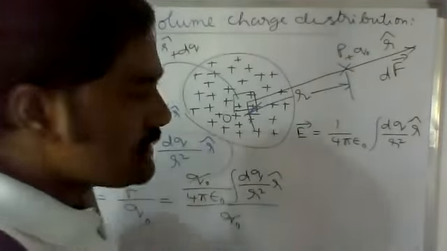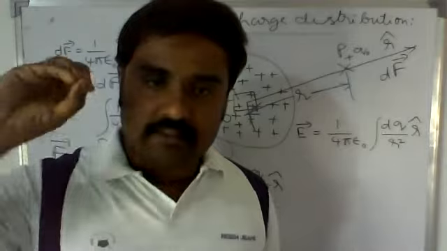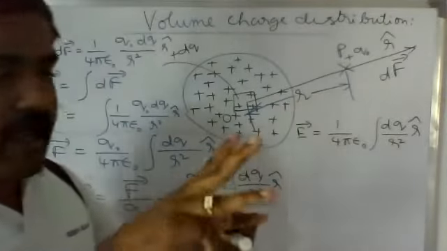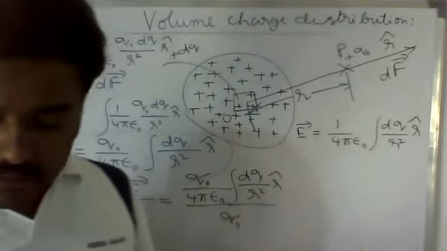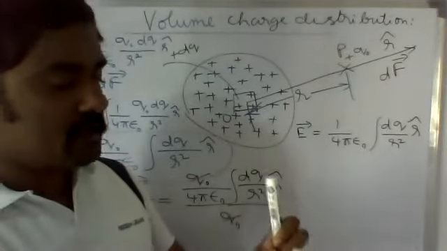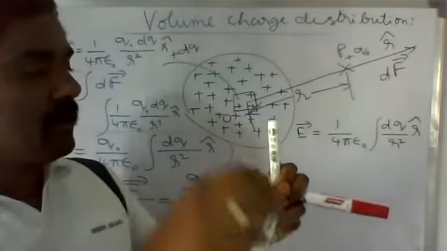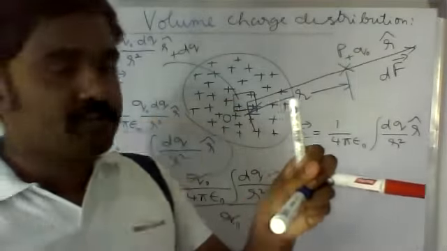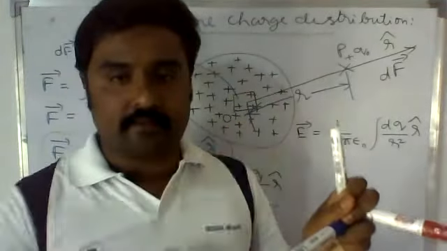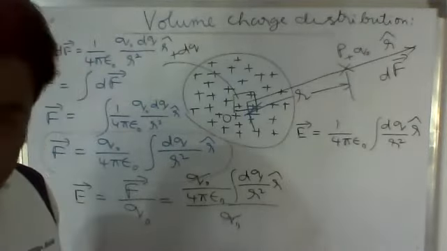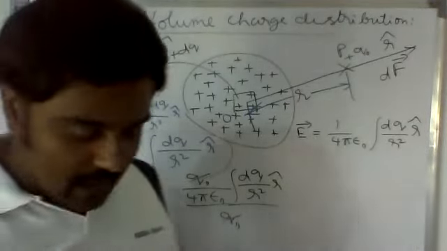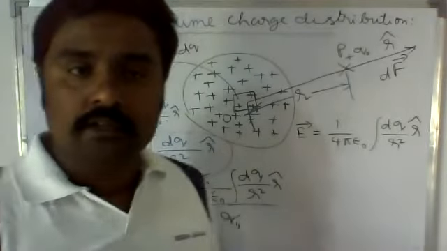If a charge spreads over a three-dimensional volume, that is in space, that is the meaning of volume charge distribution, and it has a volume charge density.